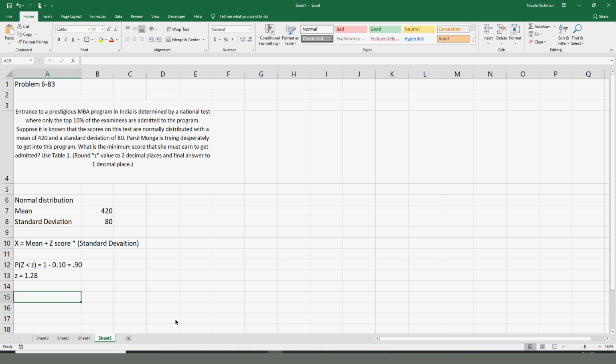So now we can do the rest of our formula because we know that it's going to equal our mean plus our z-score times our standard deviation. Oops, put brackets in it, didn't like it.